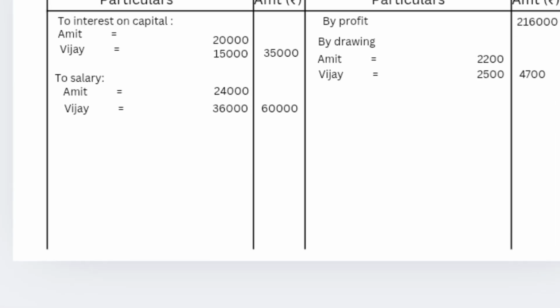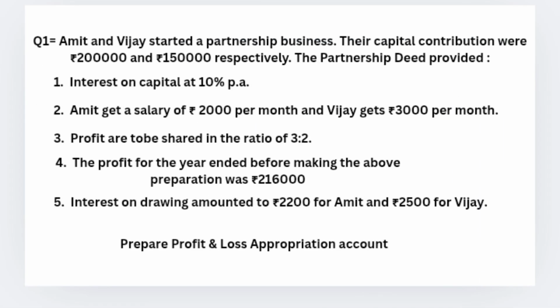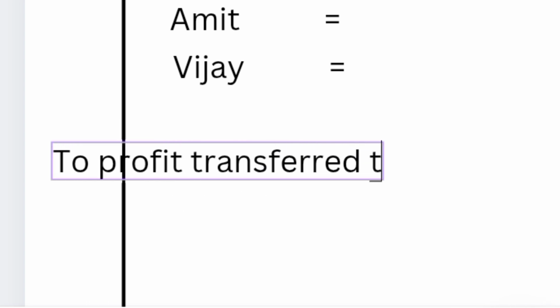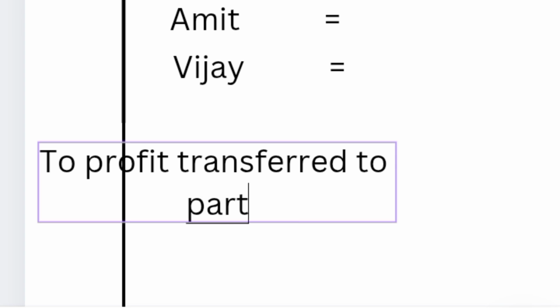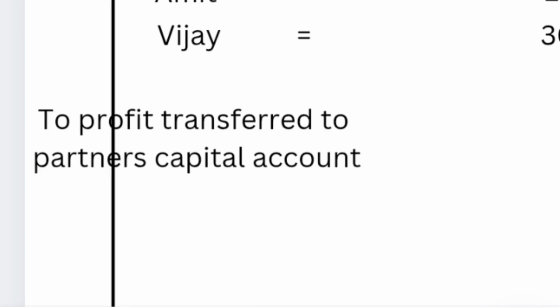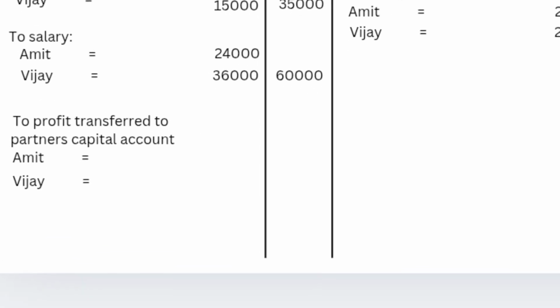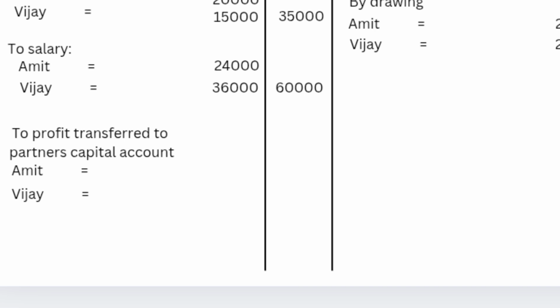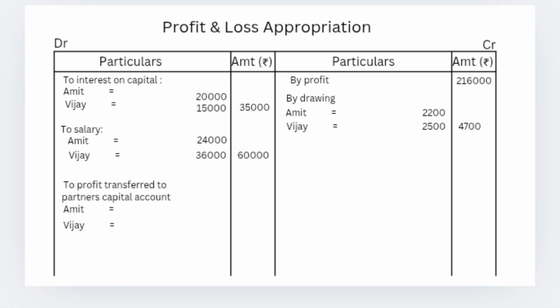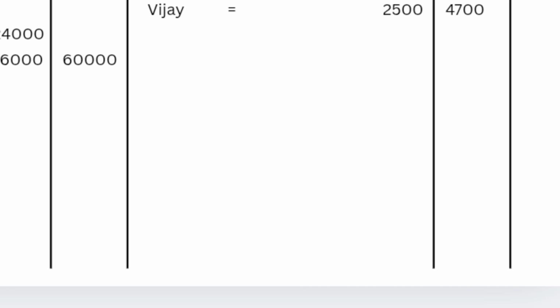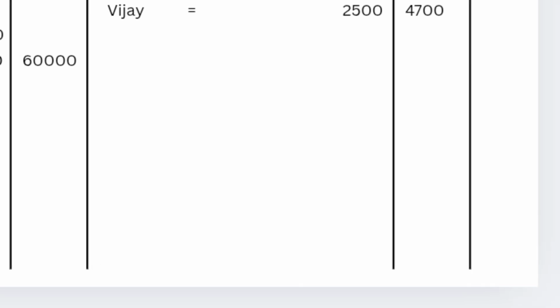Then we'll write the profit sharing ratio. We'll add the amounts on the credit side and deduct the amounts on the debit side to calculate the profit to be shared. So if we add 2,16,000 plus 4,700, we get 2,20,700.